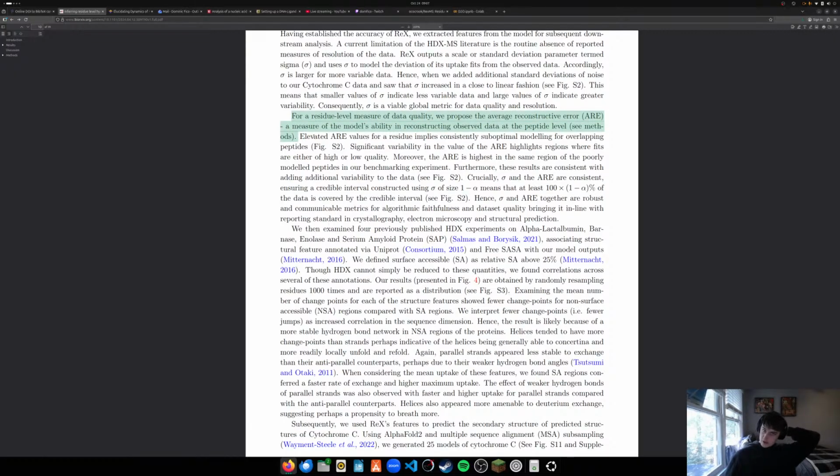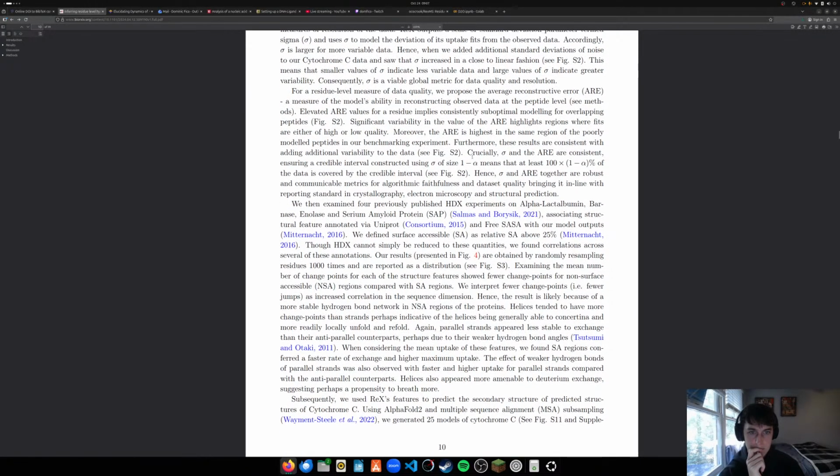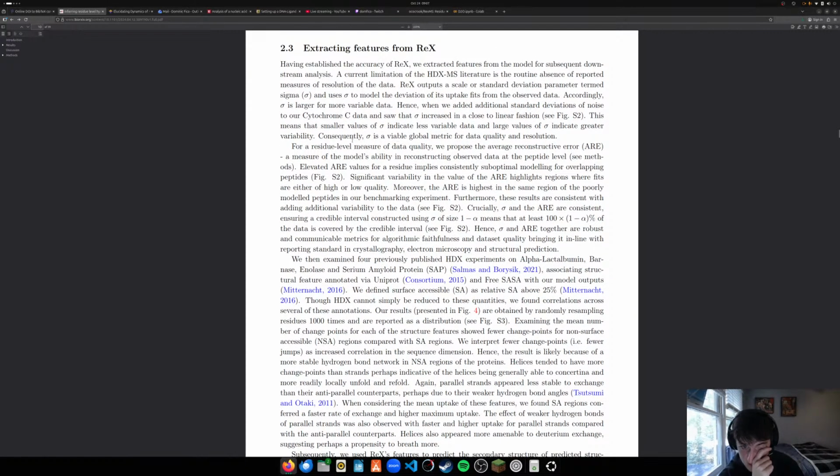For a residue level measure of data quality, I'm dyslexic, we propose an average reconstruction number, a measure of the model's ability. Elevated ARE values for a residue implies consistently suboptimal. I still don't really quite understand this.